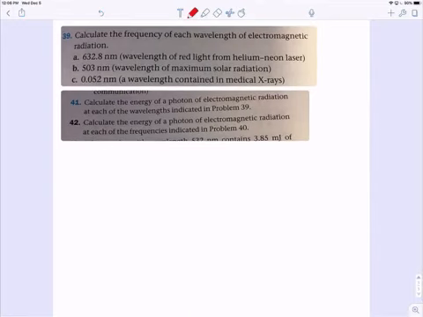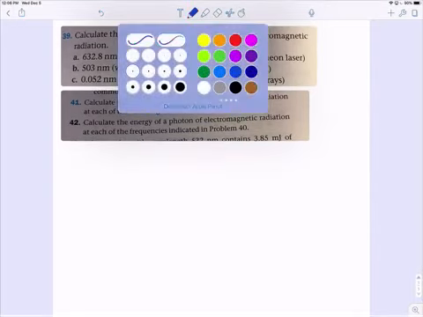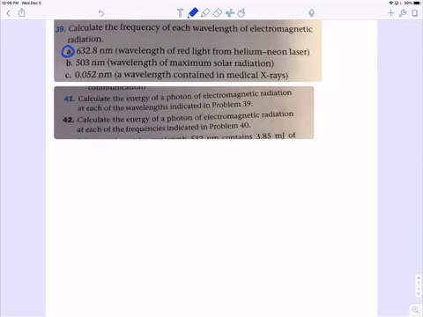Okay. So we'll just do A and B here real fast. Calculate the frequency of each wavelength, and then the photon energy. It's actually backwards.